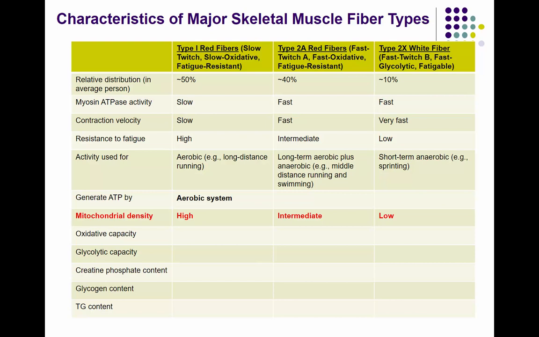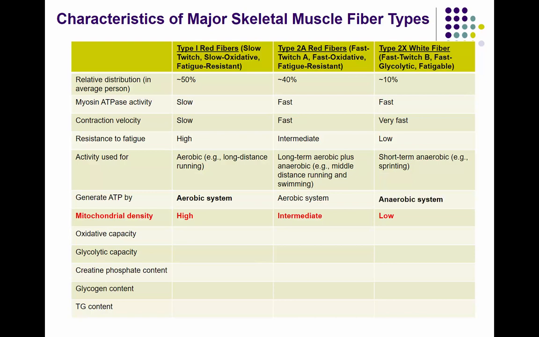And what about type 2A? Should it use aerobic, anaerobic, or both? Both, right? So it still uses the aerobic system, but it's also able to use anaerobic, right? So what about the type 2X?